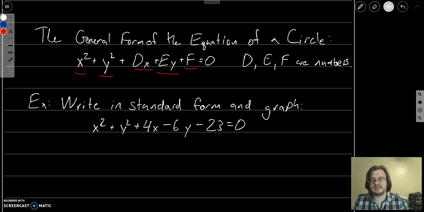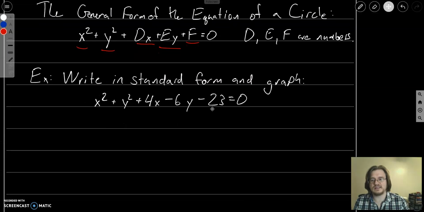So let's take an equation that looks like this and transform it back into the standard equation of a circle. This process is maybe a little bit tedious, but there is just a method for doing this.